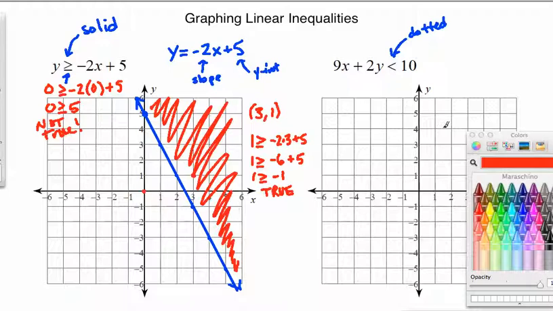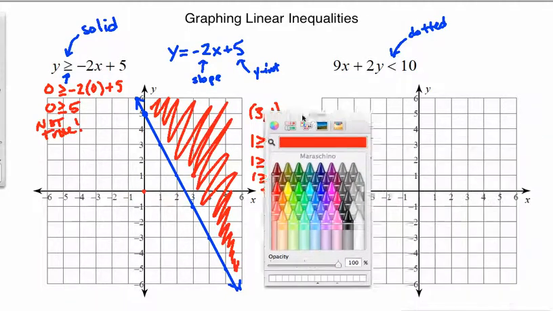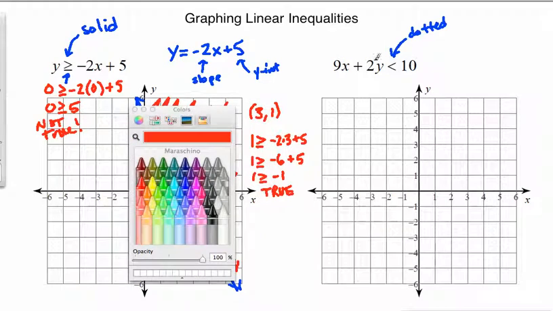Okay. Now let's come over to a slightly more difficult problem on the right. What makes it more difficult is it's not in an easy to graph form yet. So we need to put it in this y equals mx plus b form. That's our first step. So let's go ahead and do that. And this just requires some manipulation. So we want to get y by itself, so we're going to subtract 9x from both sides.